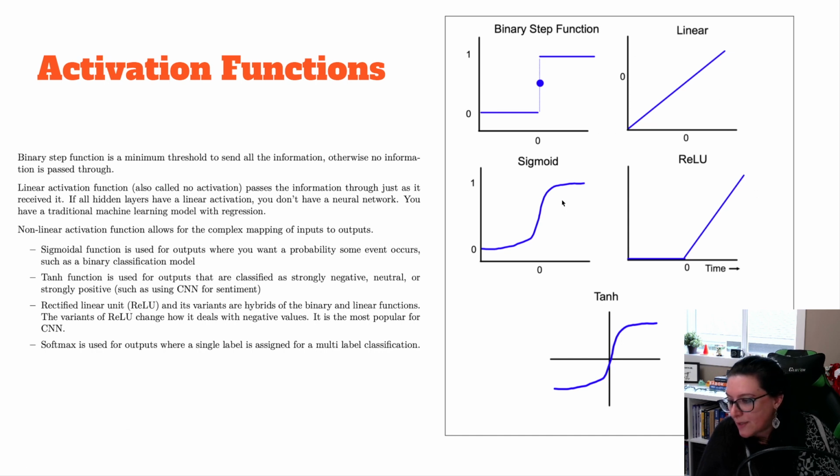They have different graph visualizations here, but really it's good to just capture this: softmax is the last one for multi-label, sigmoidal is the last one for binary, and tanh is the last one for sentiment. Then you're going to use this ReLU a lot for those middle layers, but you might also have binary. If they're all linear, again, then you just have a regression and you're not actually doing a neural network.